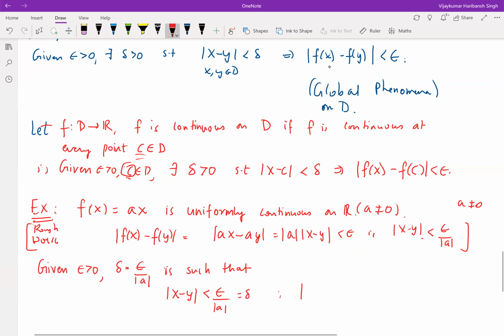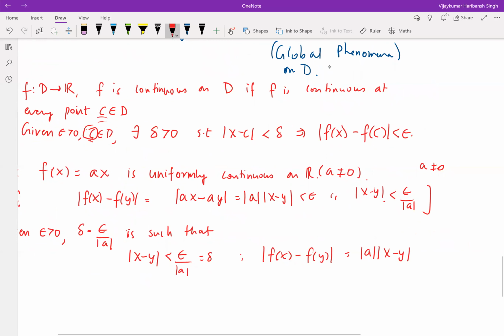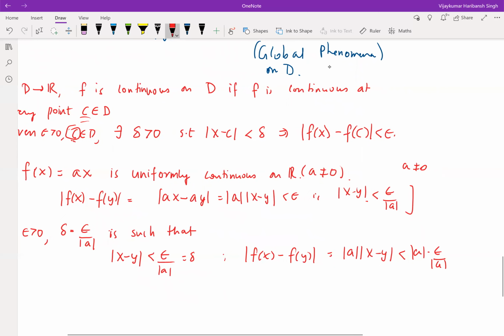I get |f(x) - f(y)|, and from the above this is going to be |a| times |x - y|, and this is less than epsilon. So the whole thing is less than epsilon.